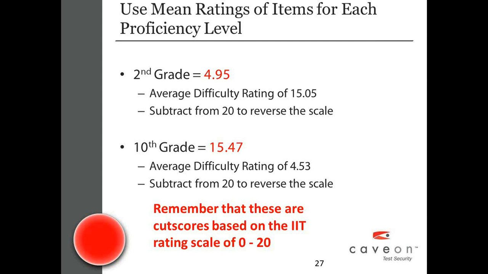The raters certainly aren't perfectly consistent with each other. So maybe my 10th grade one would have an error band of 1 or 2 points. And I could use that later on as well. But I'm just going to set that aside to make these points about the cut score. But keep in mind that error will influence a little bit where the cut score is placed. So next slide, please, Steve.